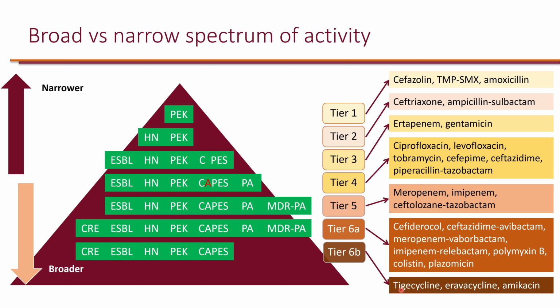of antibiotics. So tigecycline, eravacycline, and amikacin, these may have activity against CRE, but they don't have activity against Pseudomonas. So amikacin, just like gentamicin, as of 2023, is no longer considered active against Pseudomonas for systemic infections based on its updated review of PK/PD characteristics.